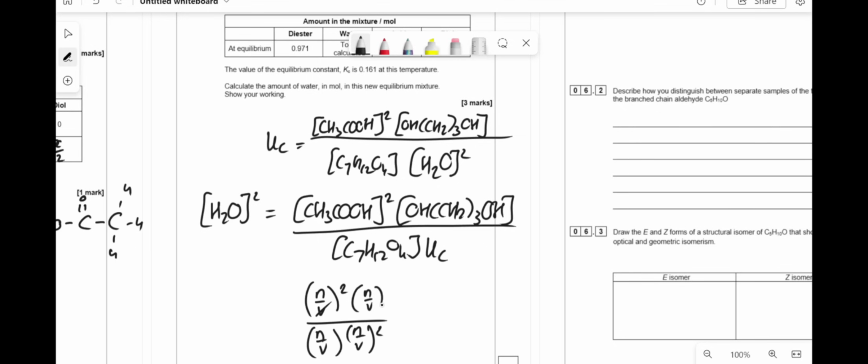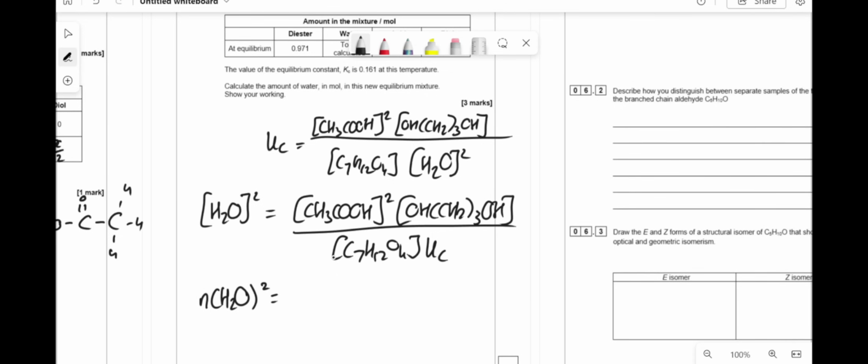These would all cancel out. Therefore, the volumes are irrelevant. You can just use it in terms of moles. In fact, all of these units cancel out. Therefore, the moles of H2O squared are going to equal all the numbers put in. So it's going to be 0.452 squared times the amount of the diol, which is 0.273, all divided by the amount of the diester, which is 0.971, times Kc, which is in this case 0.161.